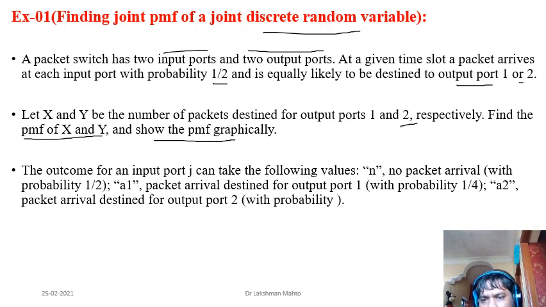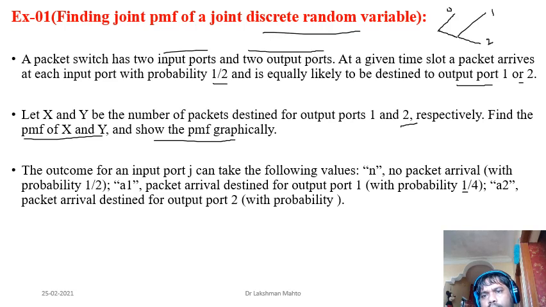Either there would be no packet arrival with probability 1 by 2, or a packet arrival with probability 1 by 2. Here the situation is no with probability 1 by 2, yes with probability 1 by 2, but yes is divided into two further branches: either it will go to port 1 or it will go to port 2.